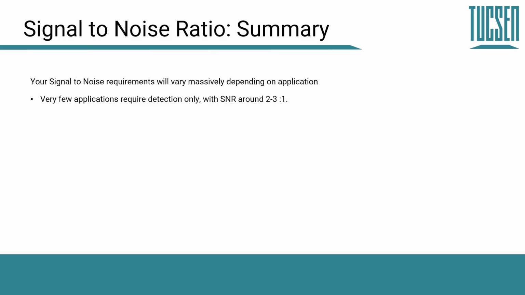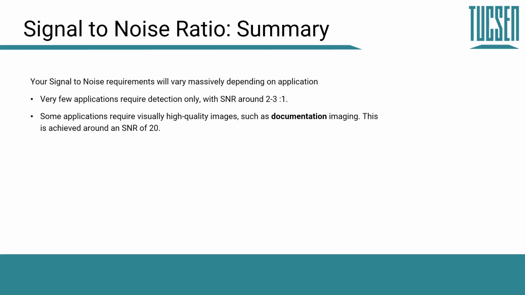In almost all cases, we need a better signal-to-noise ratio than that, but it again depends on what you're doing. Many applications will require simply visually high-quality images, such as in documentation imaging. This is achieved at around a signal-to-noise ratio of around 20, as we saw before, and there's not going to be a huge difference visually between, say, 20 and 22, or even 20 and 40. We might not, by eye, be able to see a huge amount of difference.